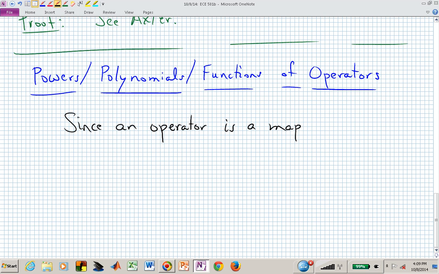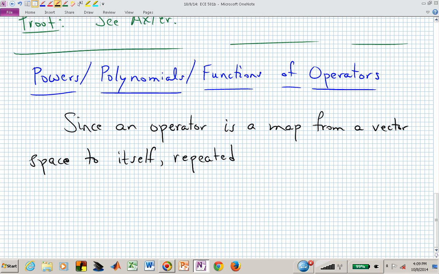Since an operator is a map from a vector space back into itself, that's allowing us then to repeatedly apply that operator to a vector or to the result.